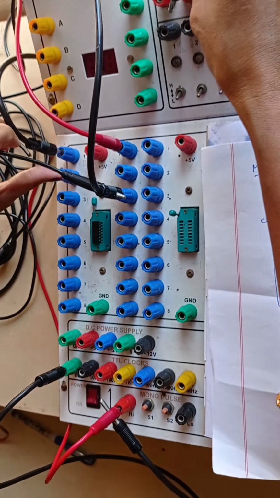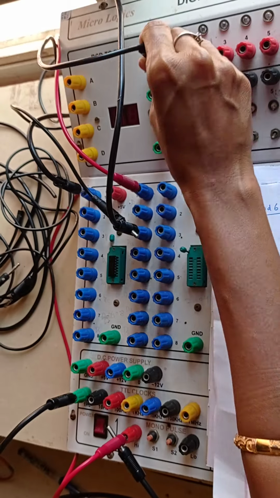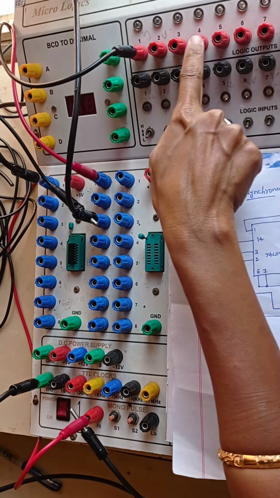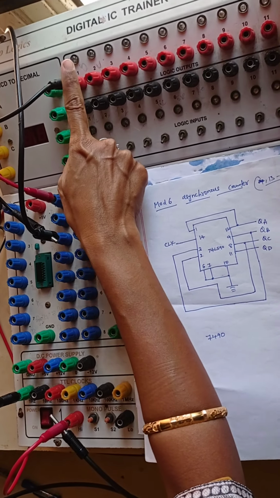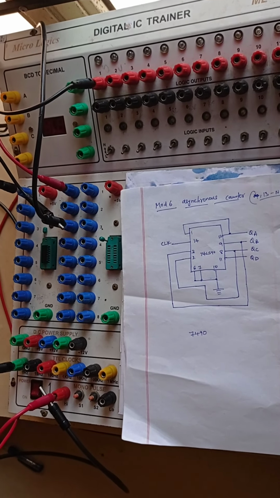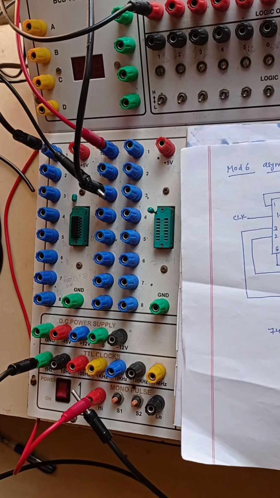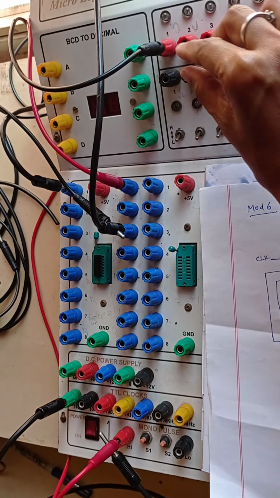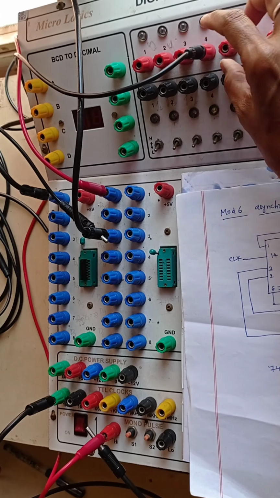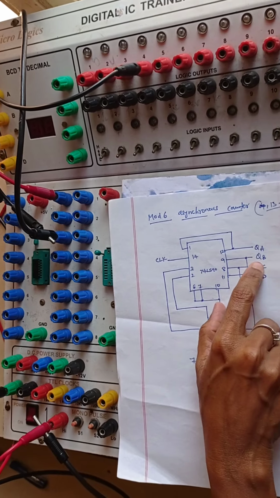So this is the QA output pin. See here, these are the logic outputs, so you need to connect the output pin. Okay, connect this QA this side. Next QB.